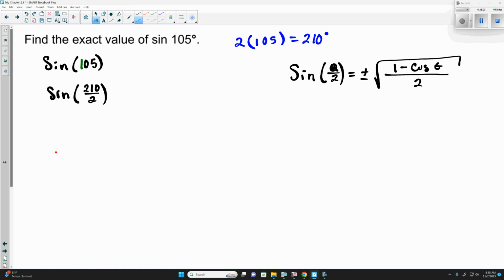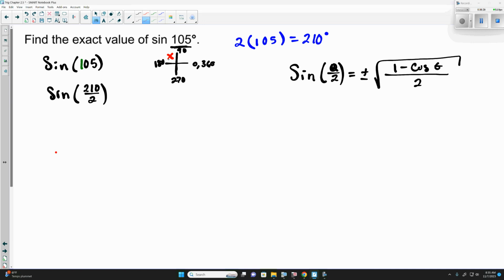So if we think of theta over 2 as 210 degrees over 2, or really, we're looking at 105. I'm going to do a little one, because 0, 90, 180, 270, then we get back to 360. Luckily for us, 105 is between 0 and 360, and it's over here in the second quadrant.